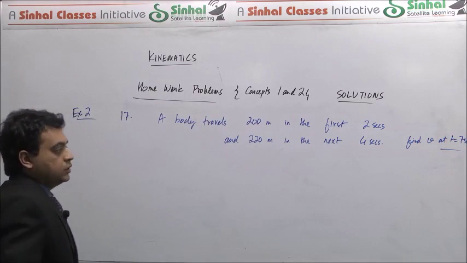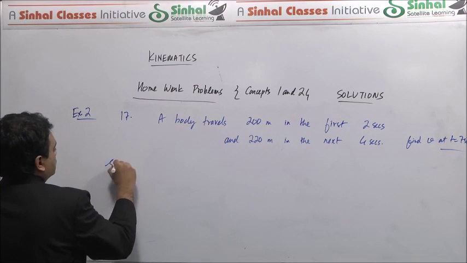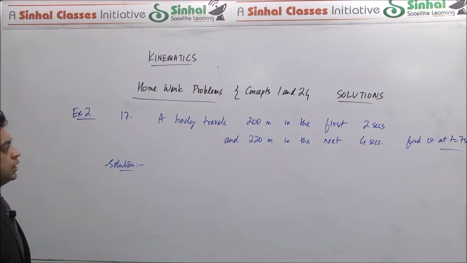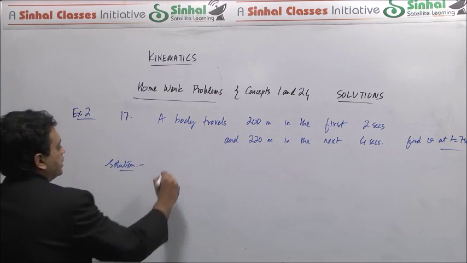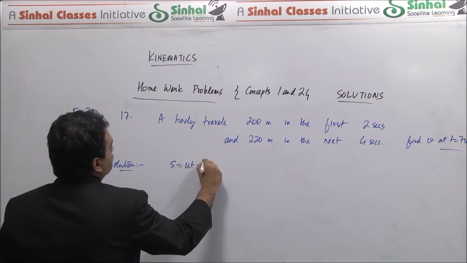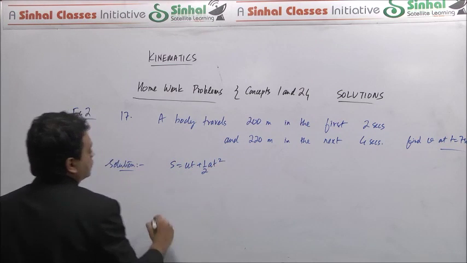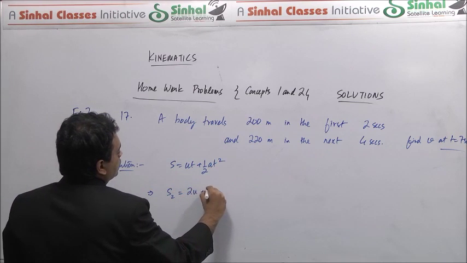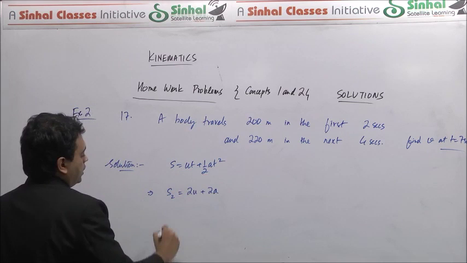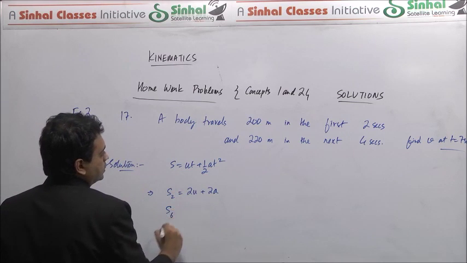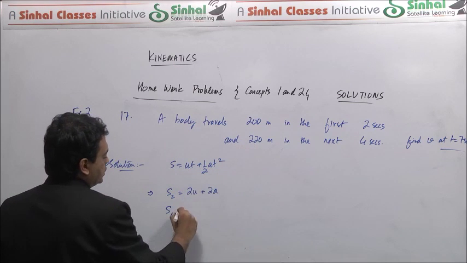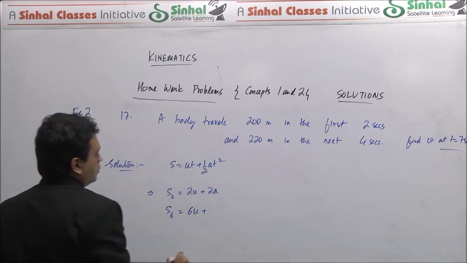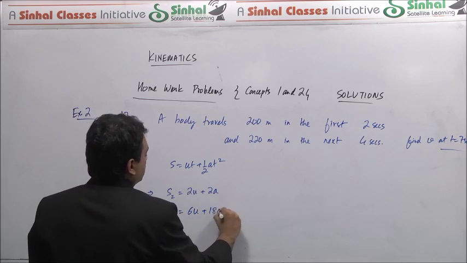This is what we do over here. So let's assume an initial velocity u and an acceleration a. So we can see that displacement is equal to ut plus half at square. So displacement after 2 seconds is 2u plus 2a, and displacement after 6 seconds is 6u plus 18a.